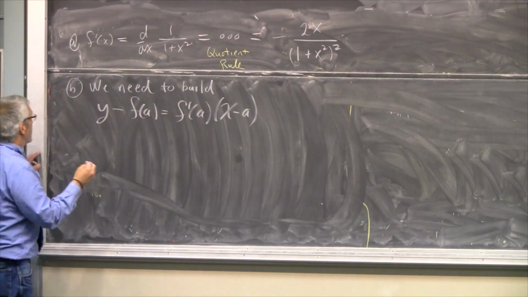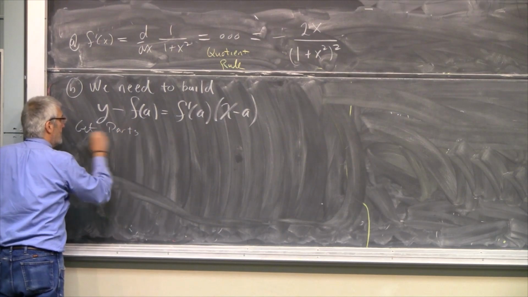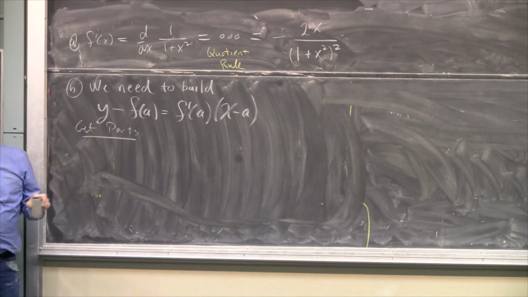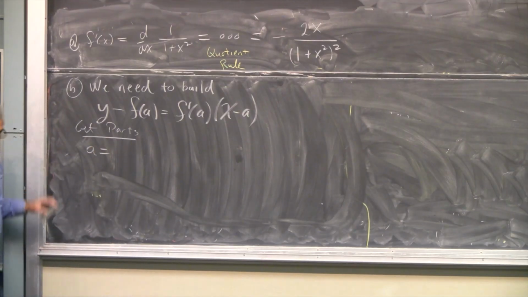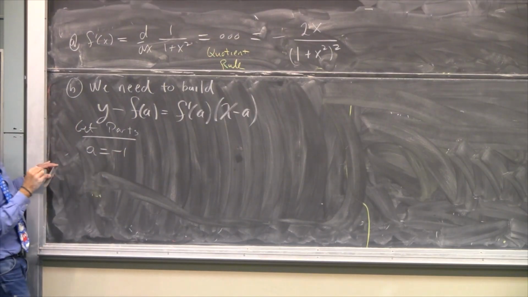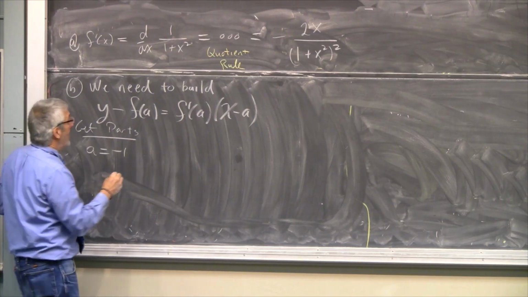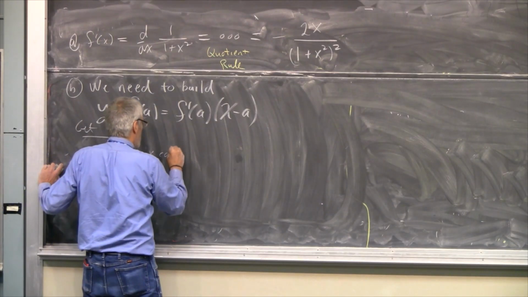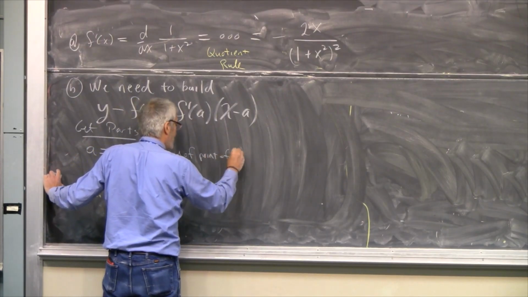All right, so now we need to get parts. Somebody who's wearing green. What is a? Good. And what's the significance of that number? That's our x value. It's the x coordinate of the point of tangent.